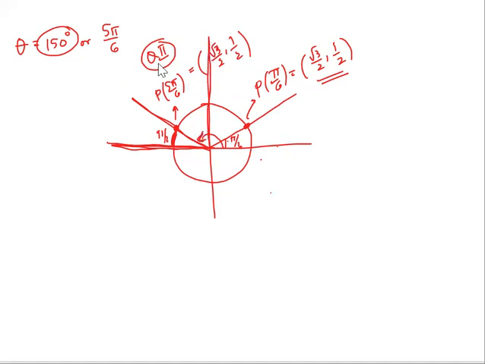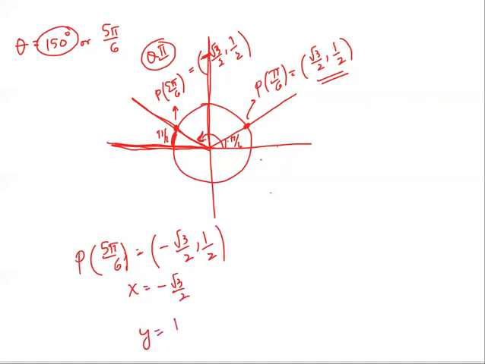So the x-coordinate of the terminal point of 5 pi over 6 must be negative. This means that the terminal point of 5 pi over 6 is negative square root of 3 over 2 comma 1 half. So x is equal to negative square root of 3 over 2 and y is equal to positive 1 half.